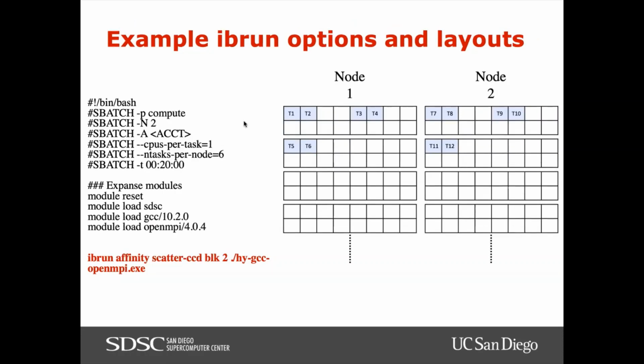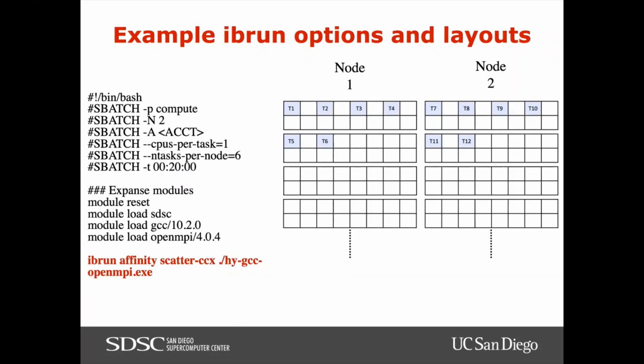And then you could do a scatter at a CCD level with a block of 2, then it'll put 2 tasks on each CCD and go on, right? So you have a lot of control on how the tasks are being laid out. And if you do a scatter CCX, then it'll put 1 task in each CCX and cycle over the NUMA domains.